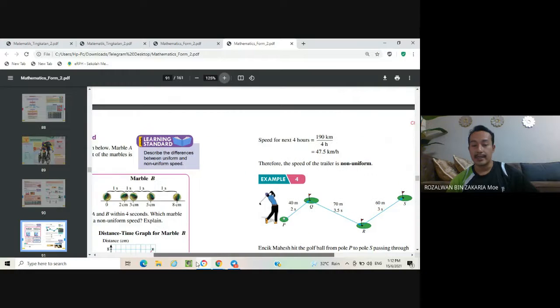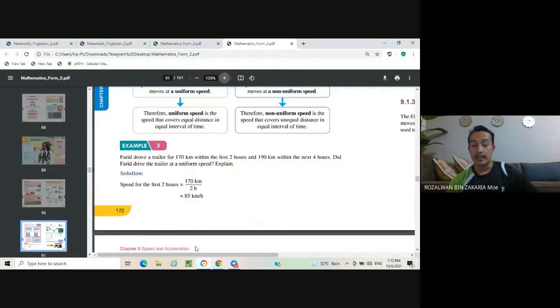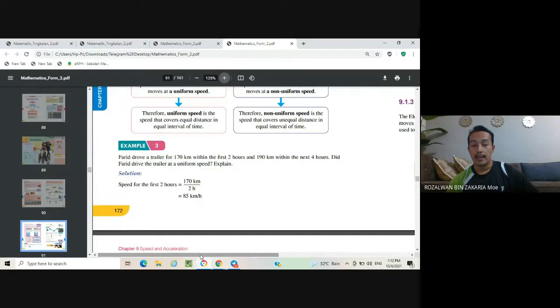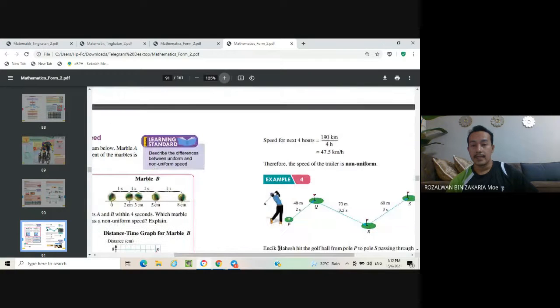So as you can see, the value for speed is not the same. This one is 85, this one is 47.5 km per hour. So we can say the speed of the trailer is non-uniform.